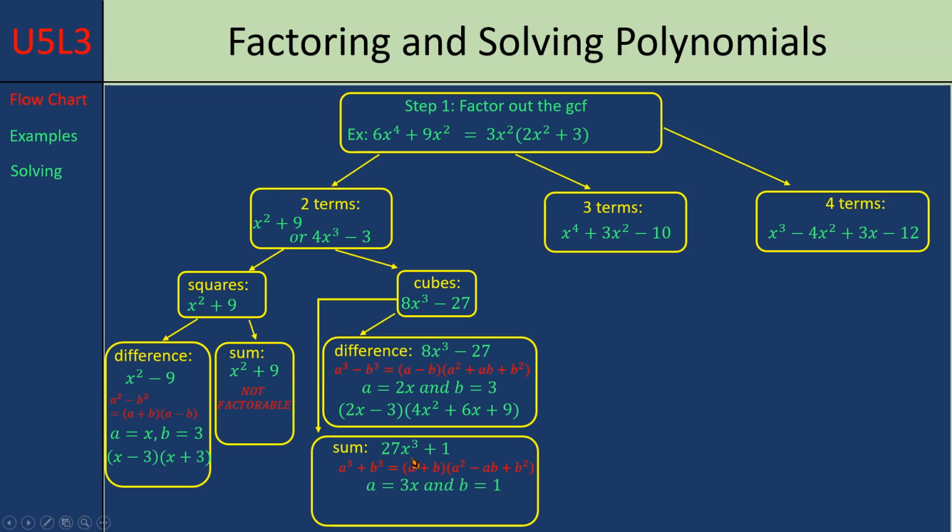A is 3x. And b is 1, because 1 is the cube root of 1. Okay? 1 is the square root of 1, the cube root of 1, the fourth root of 1. Right? And then you follow this formula, a plus b, so 3x plus 1. And then 9x squared minus 3x times 1 is 3x, plus 1 squared is 1.